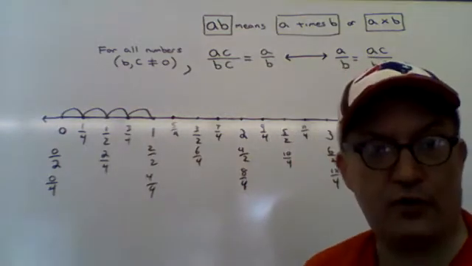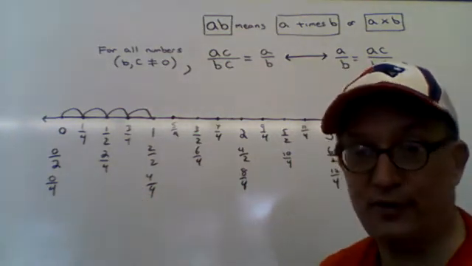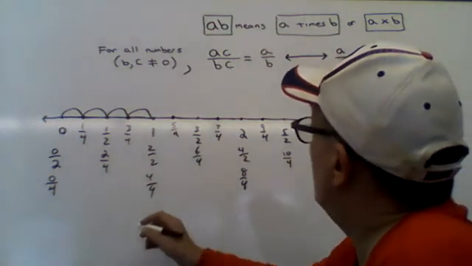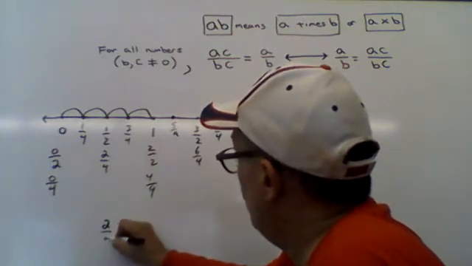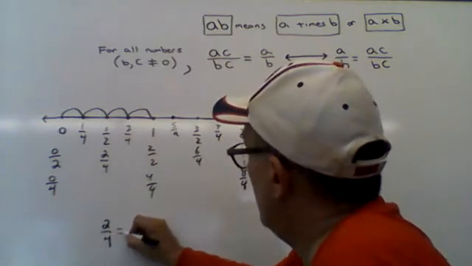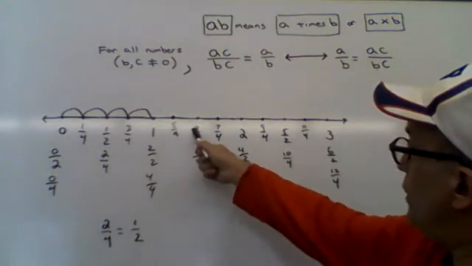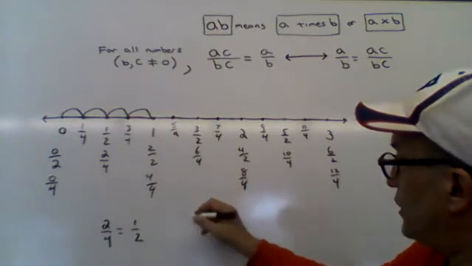The first half to the right of 0, 1/2, is now 2/4. Let me write it this way. 2/4 equals 1/2. And now we look down here to 3 halves, and we see that it is 6/4.